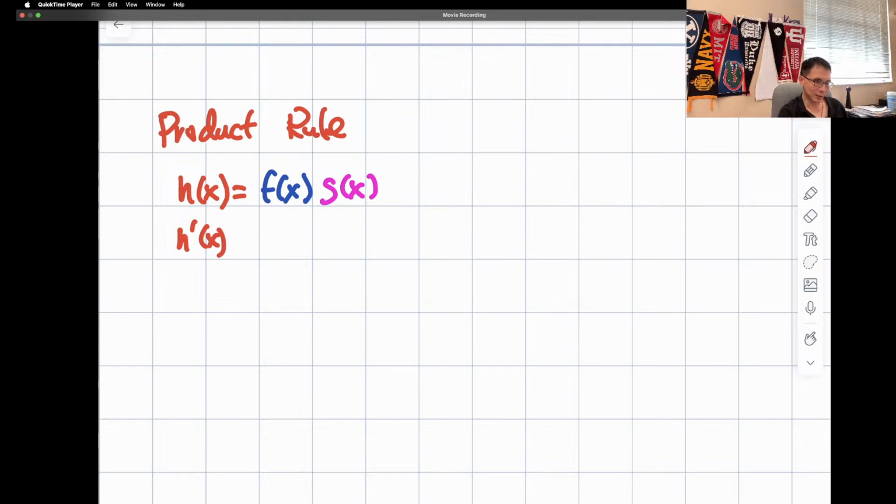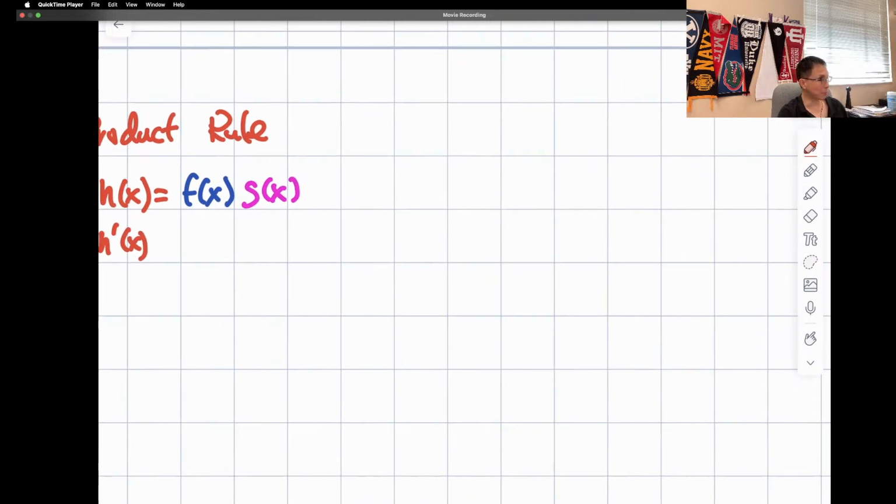You have two things times each other. I just told people to remember an acronym. You can do left d right plus right d left.